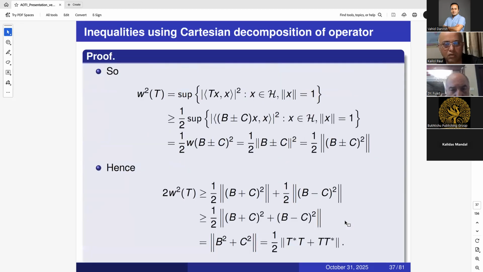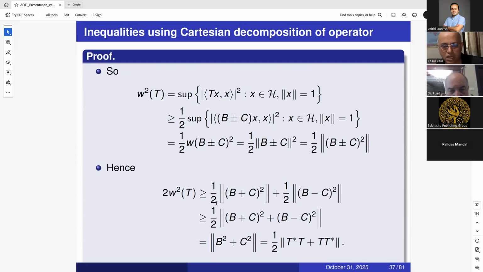So now you can look at the supremum. The supremum of |<Tx,x>|², as we have already known, is greater than or equal to this. So we are just replacing this by this, half is taken out, supremum of this. So that is equal to half of w²(B±C).